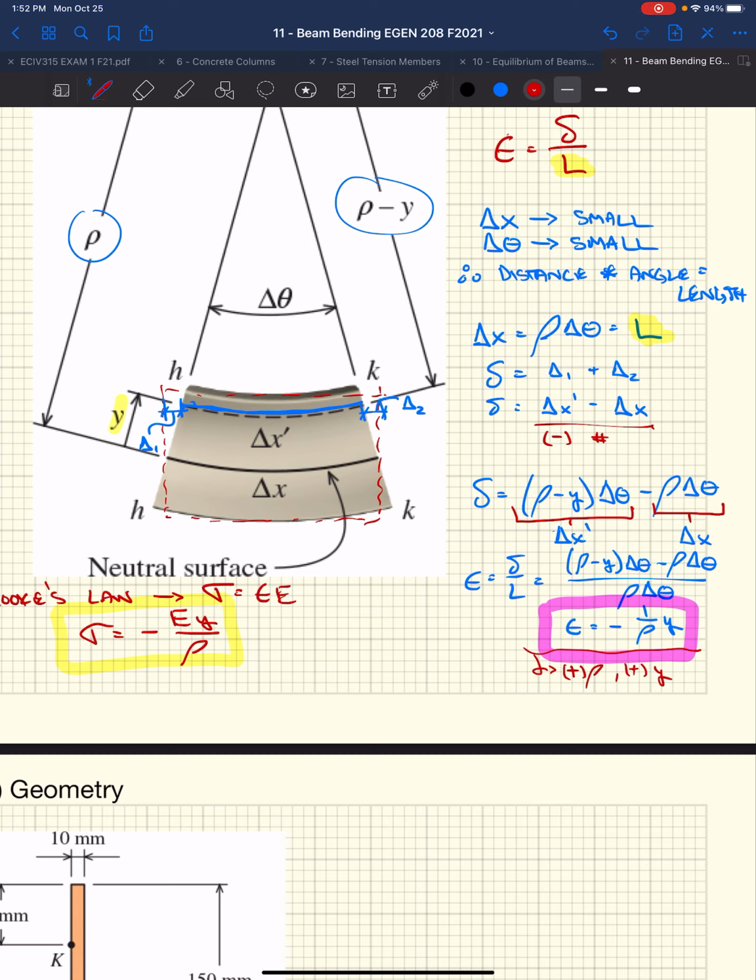But if we have a positive radius of curvature and positive y, we get negative strain. And we know from dealing with axial loading that a negative strain is compression, because plugging that into Hooke's law, you're going to get a negative stress. Negative stress is compressive stress.